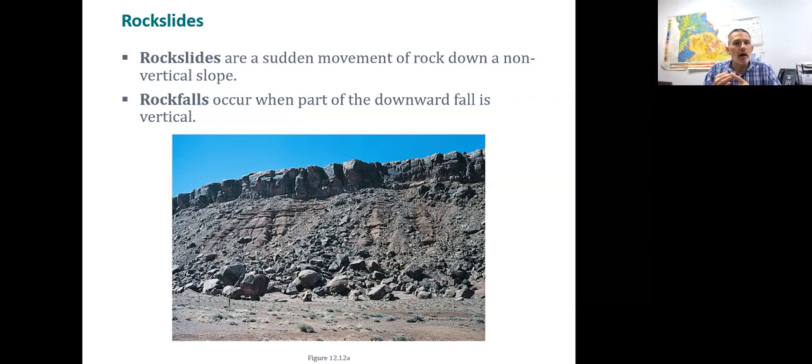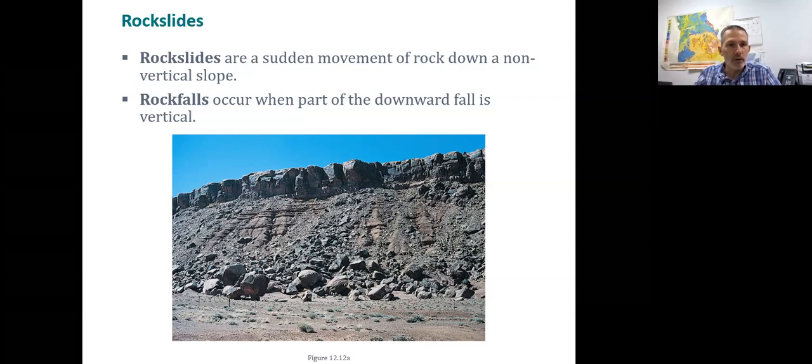And then more recently in Washington State, the Oso rock slide, where we have tilted sedimentary rocks. And if we have these tilted sedimentary rocks, we have, again, a layer of water causing these rocks to detach and slide down as one cohesive unit.